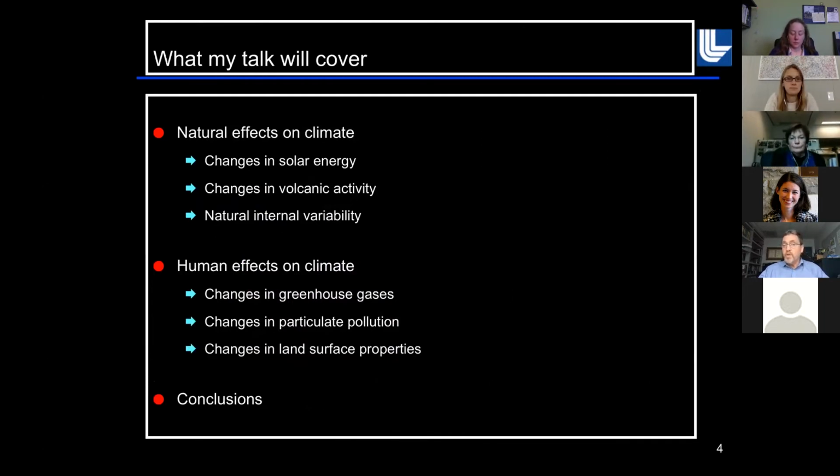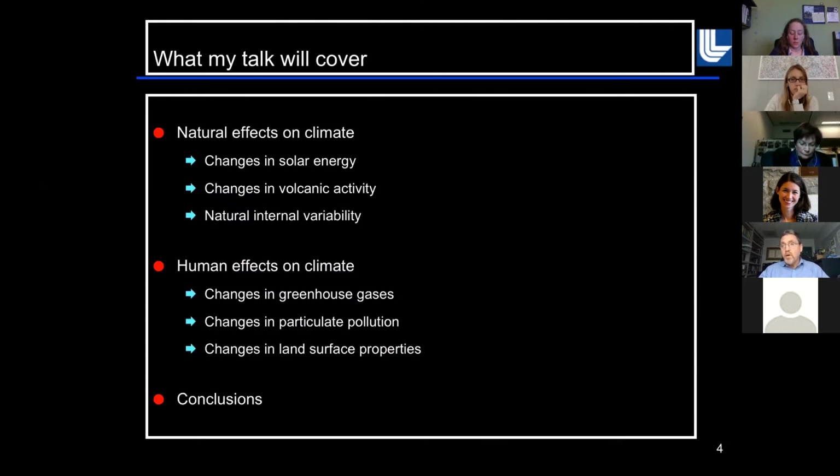By burning fossil fuels, we increase levels of heat-trapping greenhouse gases in the atmosphere. We also produce particulate pollution, things like sulfate aerosol particles, soot from various combustion processes, and we cut down forests and transform the surface of the land.